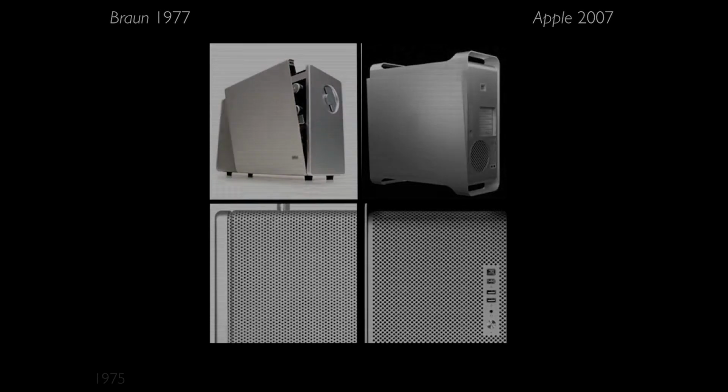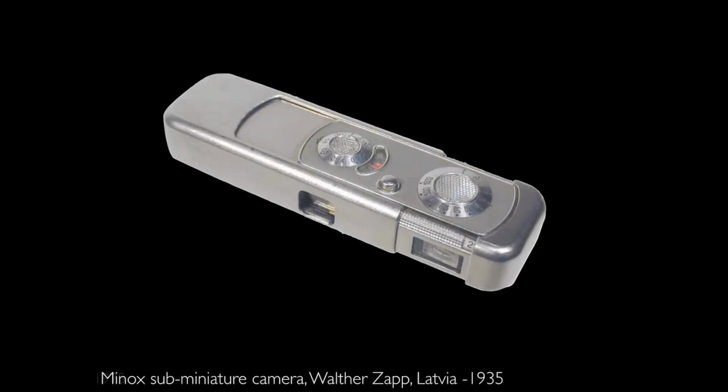And actually, if you see what inspired Dieter Rams before, you will find all the DNA that is in Rams's work and in Johnny Ive's work can sort of stem from this sub-miniature Minox camera that was made in Latvia in the mid-30s. And it was designed by a guy called Walter Zapp, who wasn't even an engineer, he was a photographer.